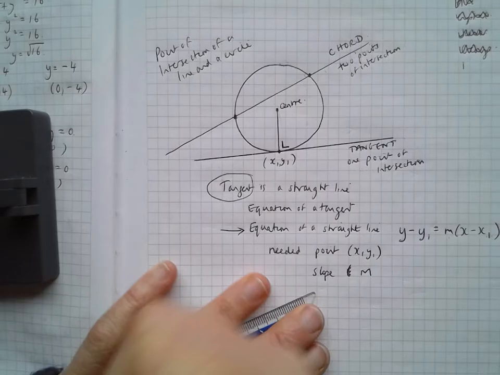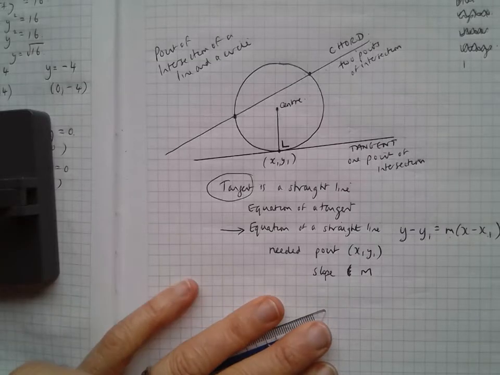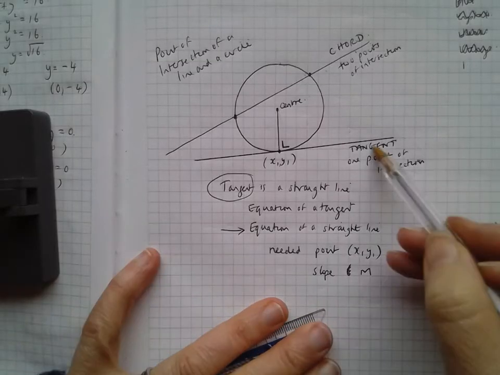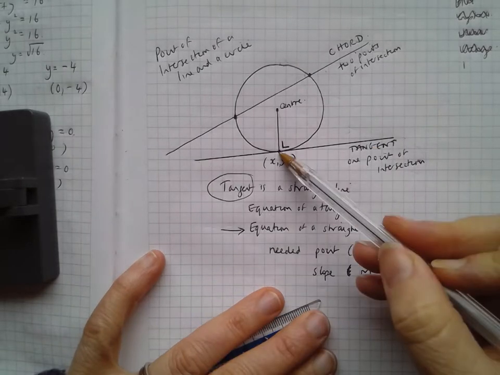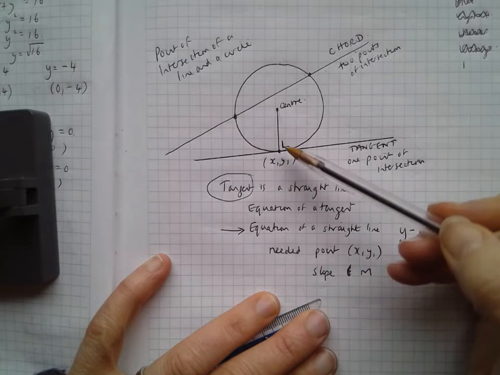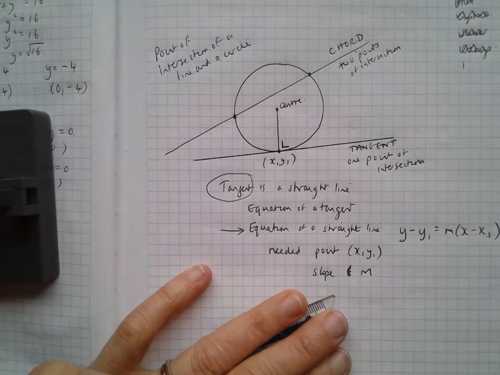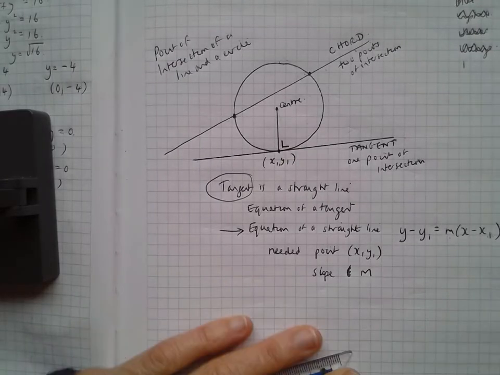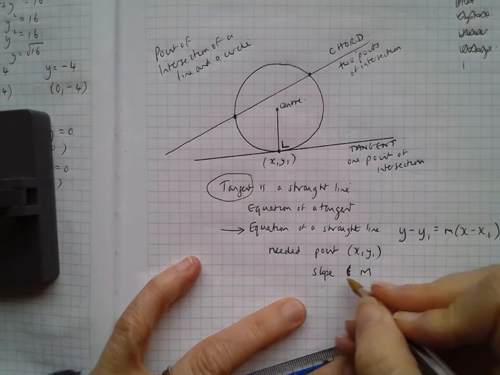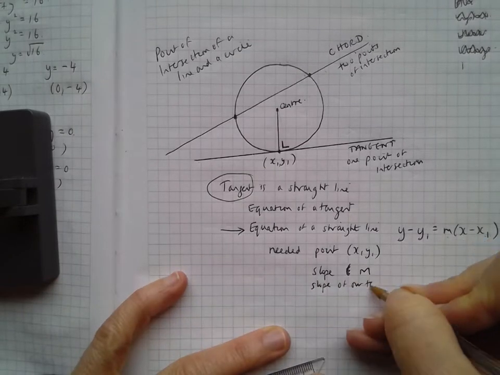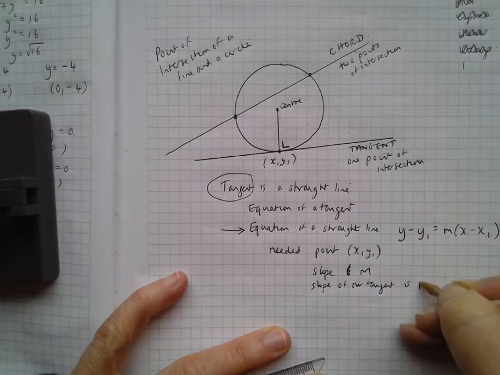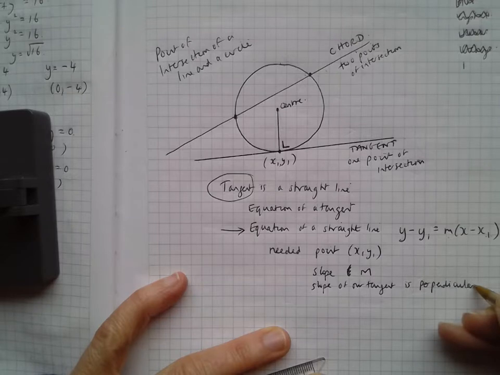So the tangent to a circle at a point is at right angles to the radius at that point. So the slope m of our tangent is perpendicular to the radius at that point.